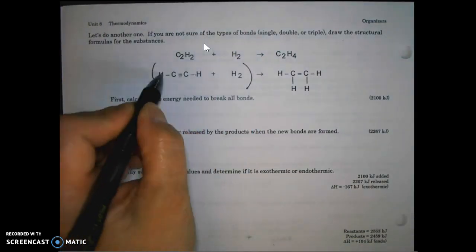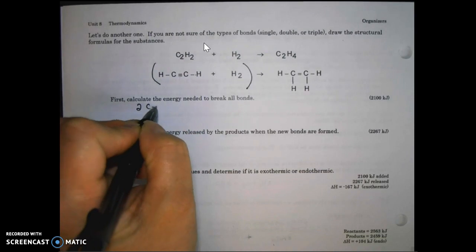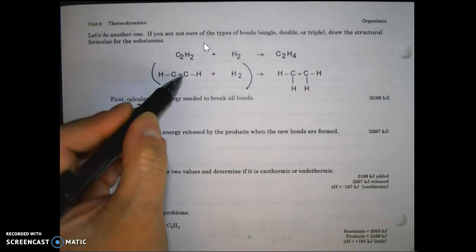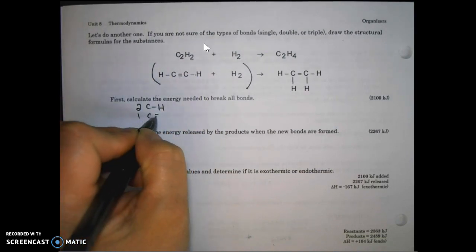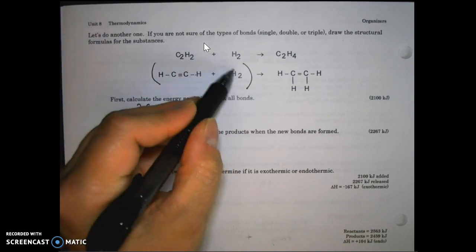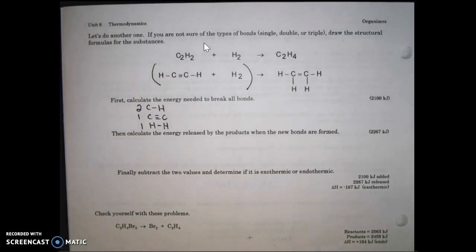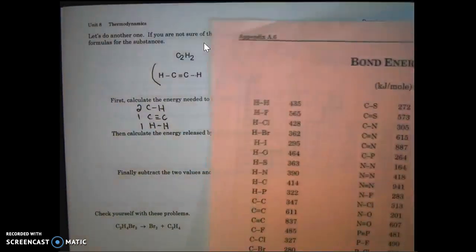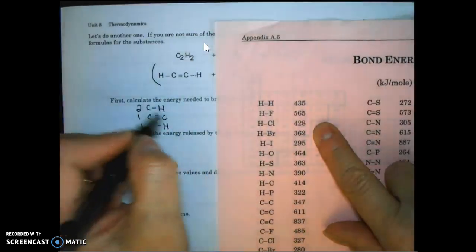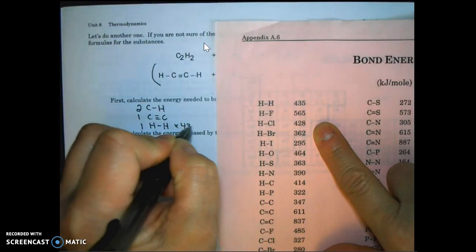So you've got 2 CH bonds. You've got 1 carbon-carbon triple bond. And you've got 1 hydrogen-hydrogen bond. So you look at your numbers. You see that hydrogen is 435.